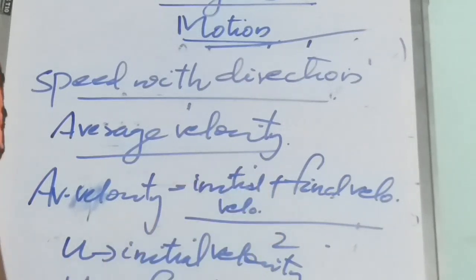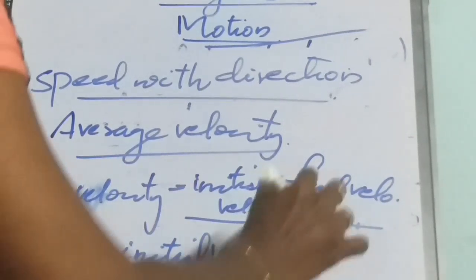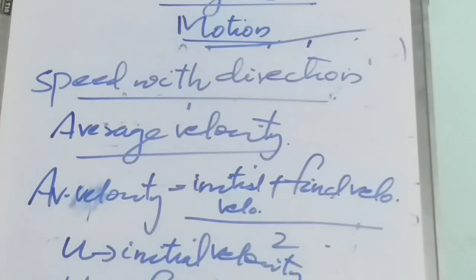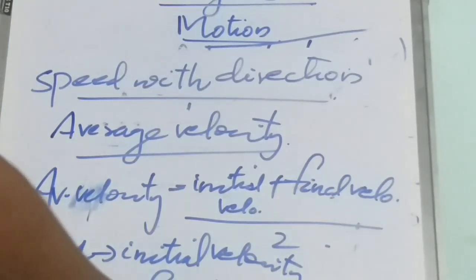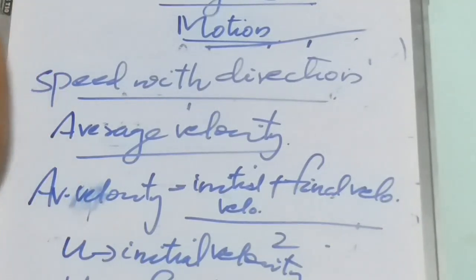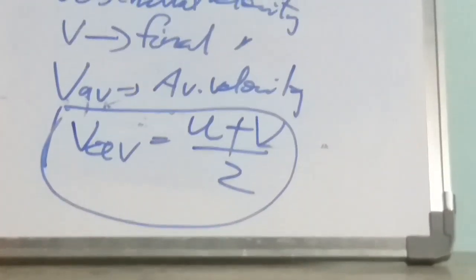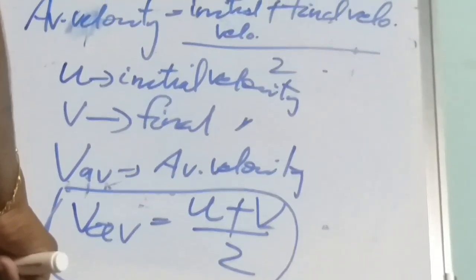This is the mathematical expression for average velocity: v average is equal to (u plus v) divided by 2.